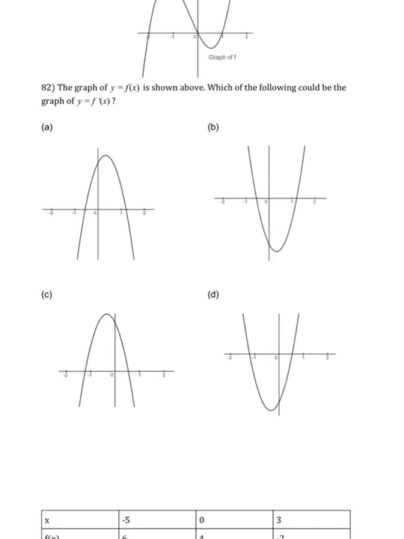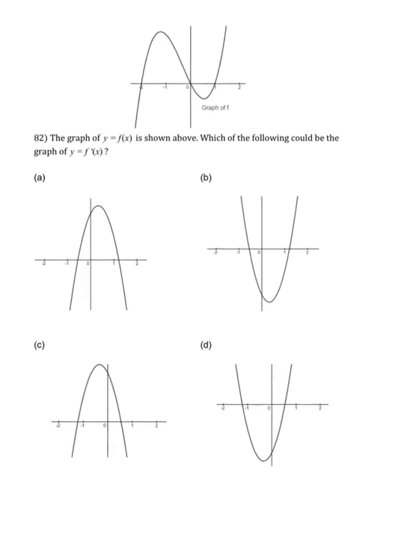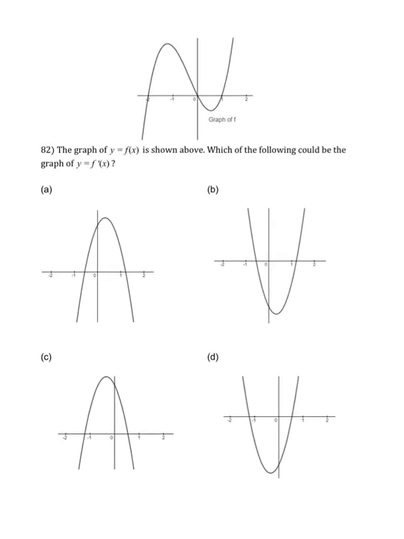Number 82, you have the graph of f of x shown above, and they want to know what could be the graph of the derivative. If you look at this graph, you can see that the slopes start off as being positive all the way until here, which is a little left of negative 1. So that would all be positive.